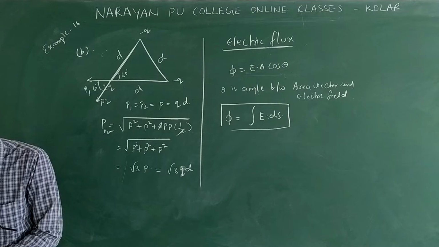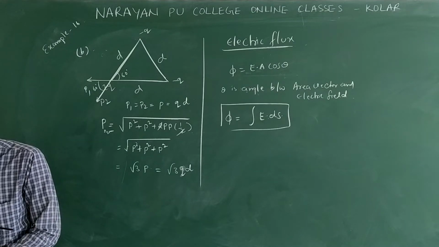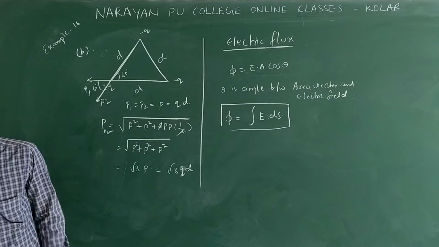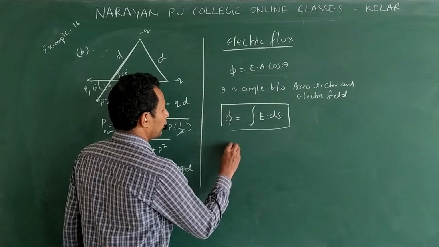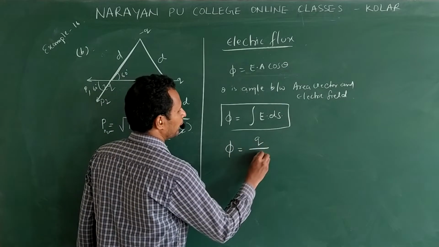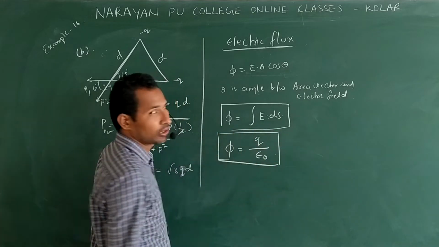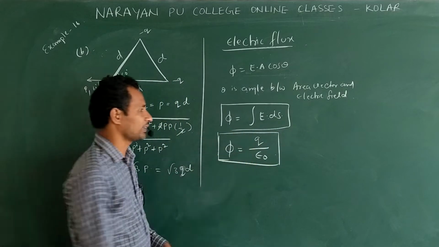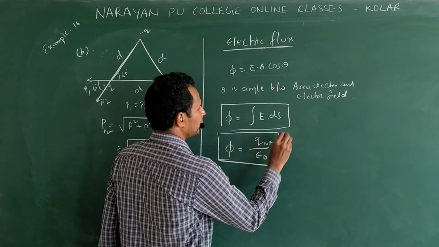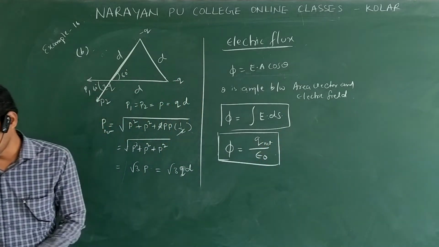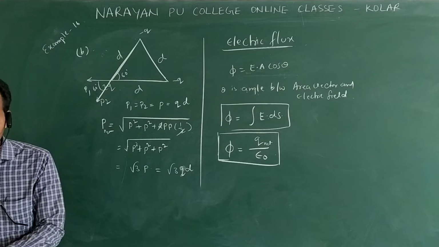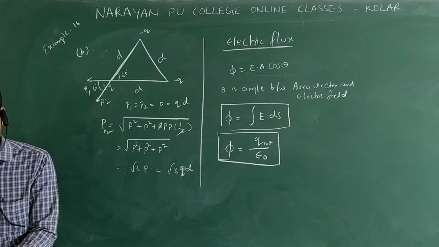And another method: flux through any closed surface, according to Gauss law, phi is equal to Q by epsilon naught. This is Gauss law. Q is the net charge enclosed by the surface. Clear? According to Gauss law.